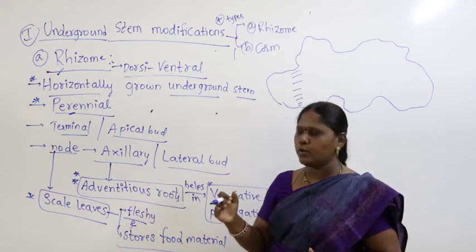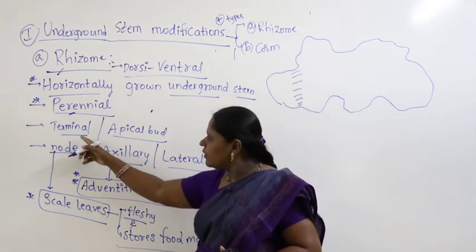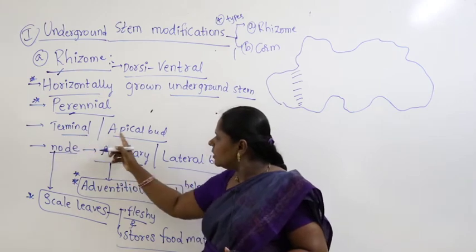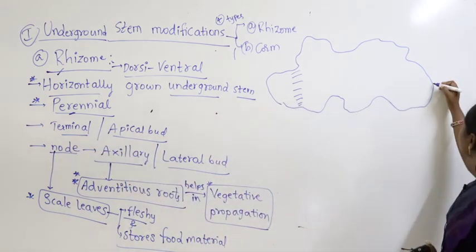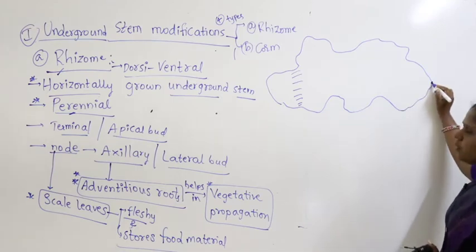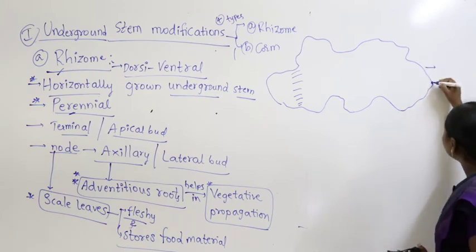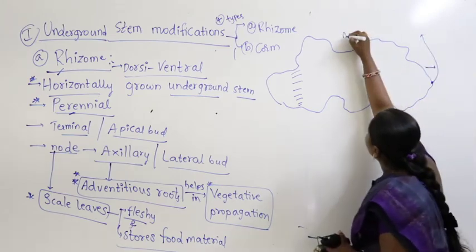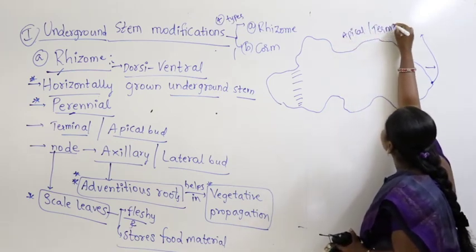Then come down to the point. What is the point we studied? In the structure, we have to start with the terminal or apical bud. On the tip you can see the place where ginger grows horizontally. This tip is called apical bud or terminal bud.